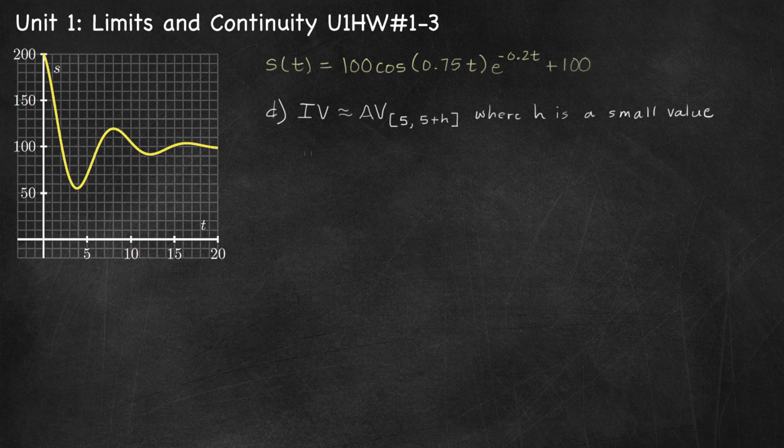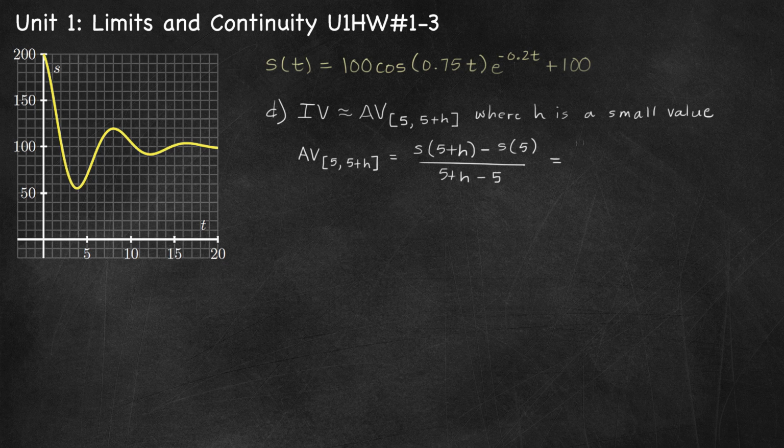So let's go ahead and find an expression for the average velocity on the interval from 5 to 5 plus h. And we'll do that the same way we did a moment ago. We're going to find the change in position, so that would be s of 5 plus h minus s of 5 over the change in time, 5 plus h minus 5.